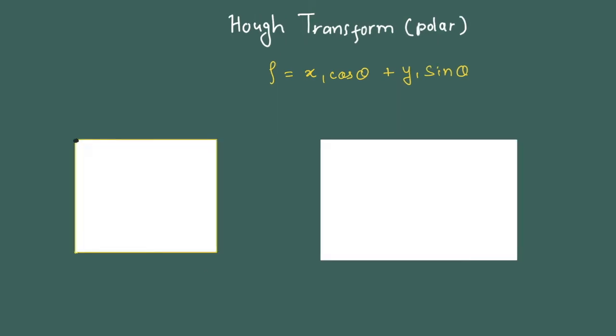So now this is an image in XY plane and we are trying to get its counterpart in rho theta plane. Remember, this is a digital image, so this is x, y, and for this rho theta will be in between.